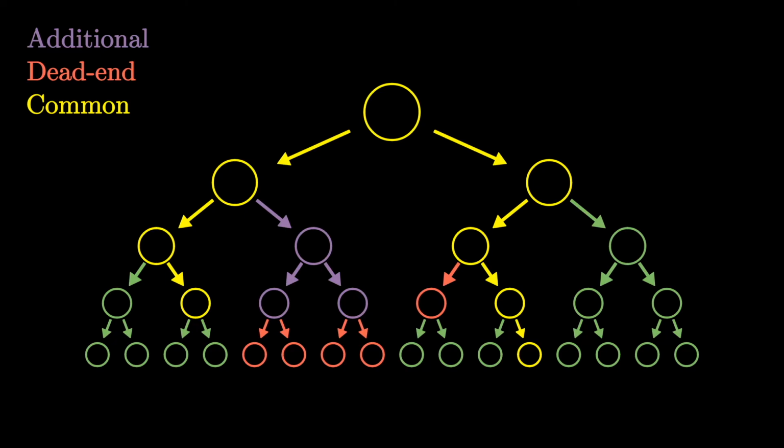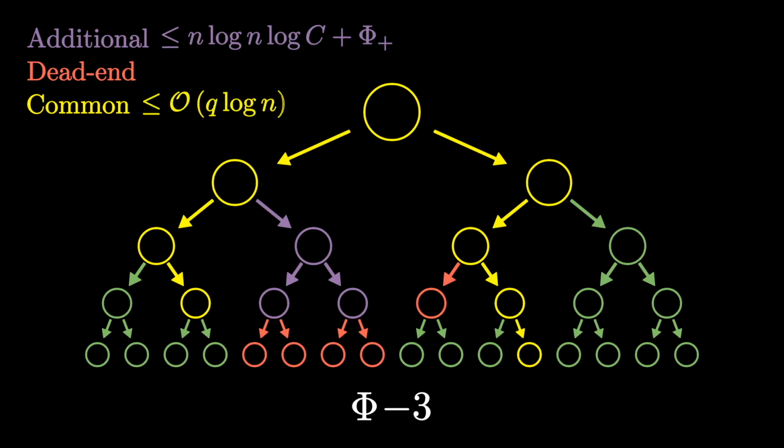Now that we have left only common and additional vertices, we'll prove that when we visit an additional vertex, then the potential at this vertex and therefore the total potential phi decreases by at least 1. Then the total number of visited additional vertices can be estimated as n log n log c plus phi plus. And we visit all log n common vertices for each query.